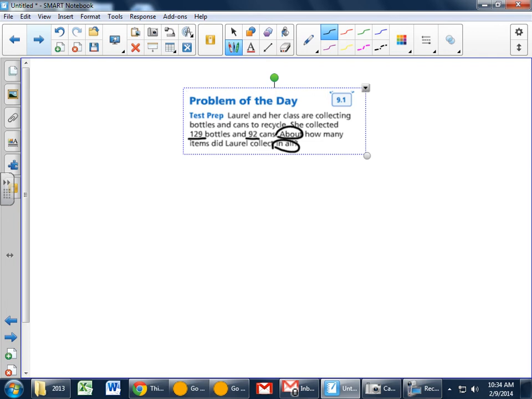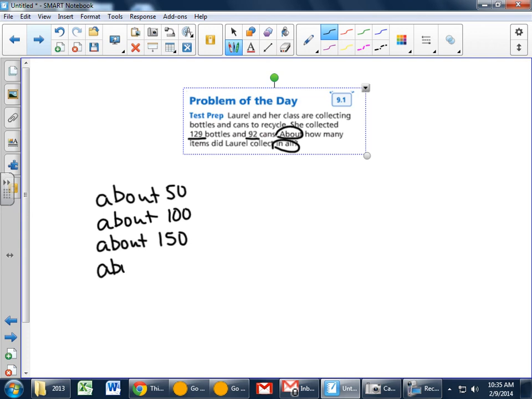So the word about tells us that we're not going to have to give an exact answer. And actually on the transparency, it has a couple of options. About 50 was one of the options. About 100 was another option. About 150 was our third option. And about 200 was your final option.